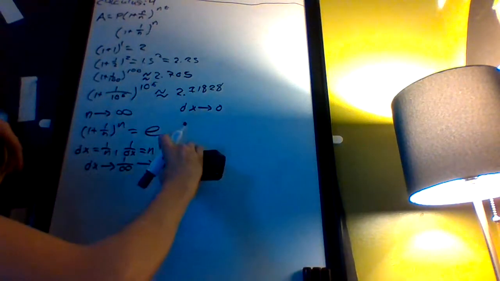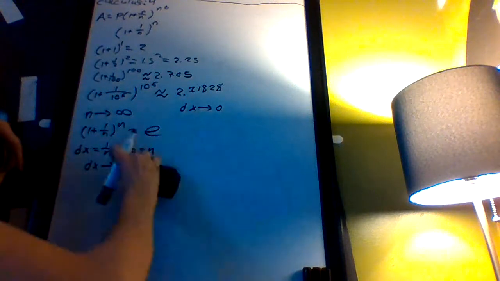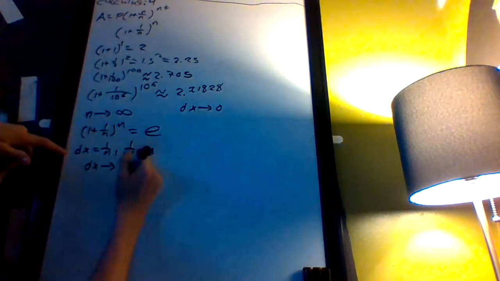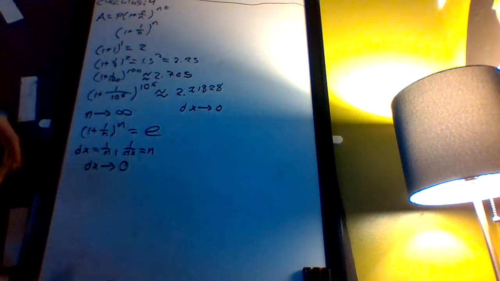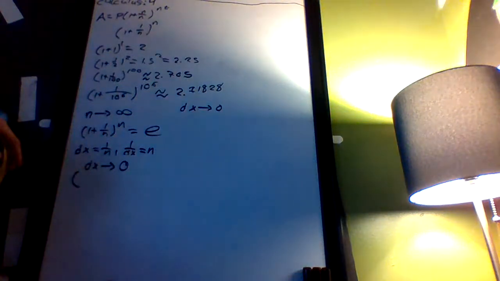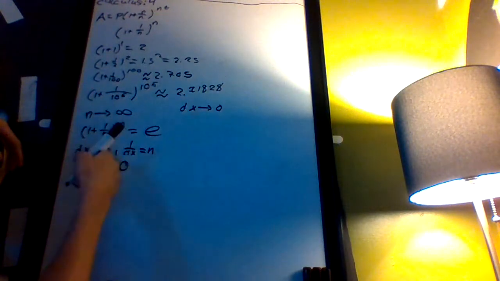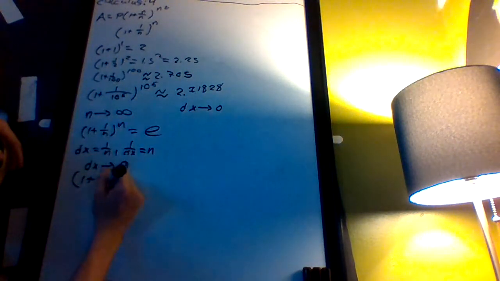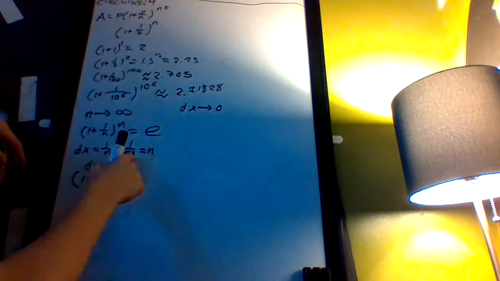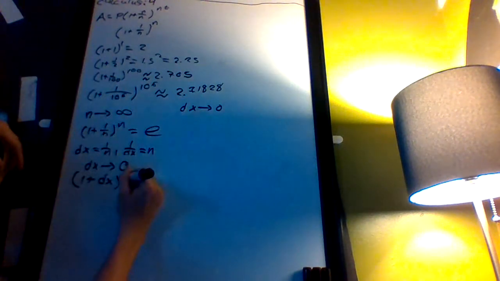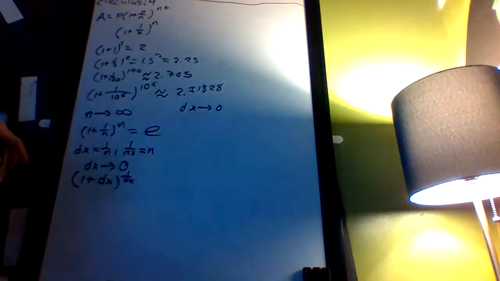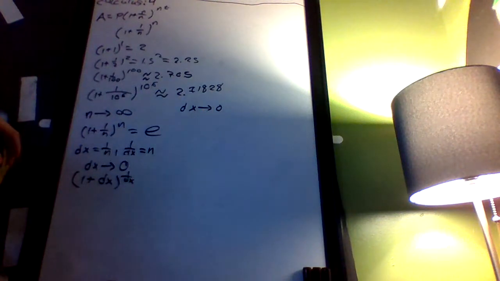So dx is basically just approaching 0. Let's make the substitution. So 1 plus dx is 1 over n, so dx. And then 1 over dx is just n, so 1 over dx up there. Now you'll see why I did this in a little bit.